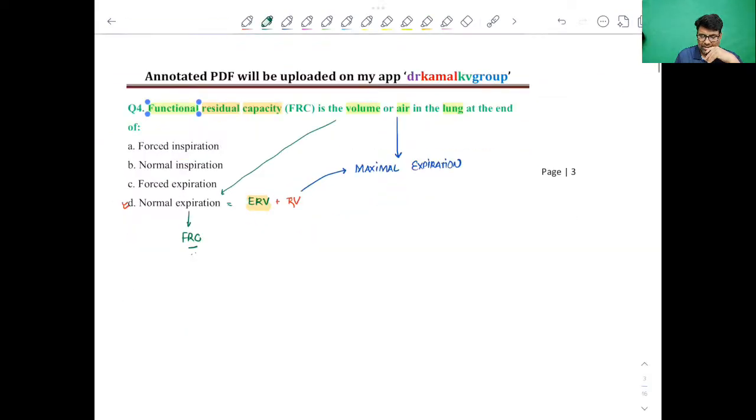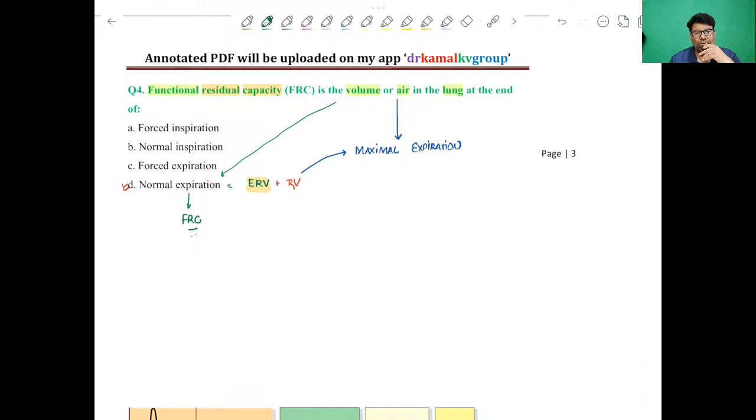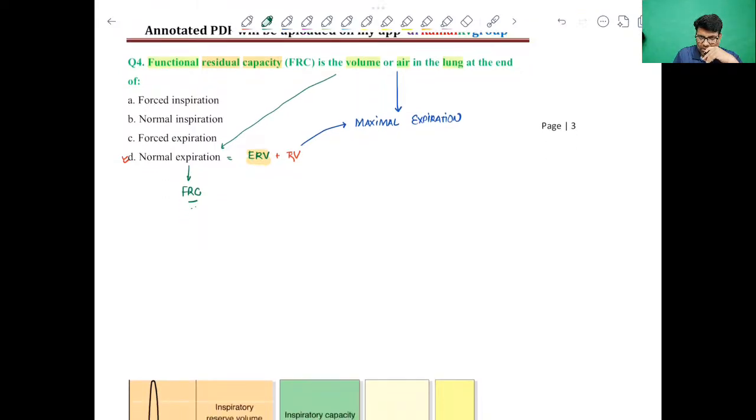So under resting conditions, when we exhale, the amount of air which remains within the lung is functional residual capacity, and if we put in some effort, we can exhale some more air, that is known as expiratory reserve volume.